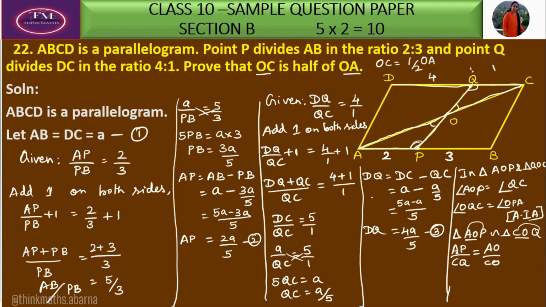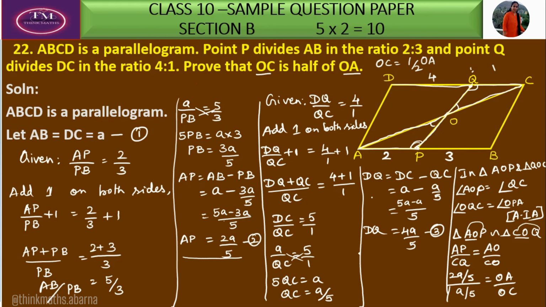Okay, now what is AP? Do you know AP? AP is nothing but 2A by 5. So 2A by 5 divided by CQ. CQ is A by 5. So this is nothing but OA by OC. We can write AO as OA and CO as OC.